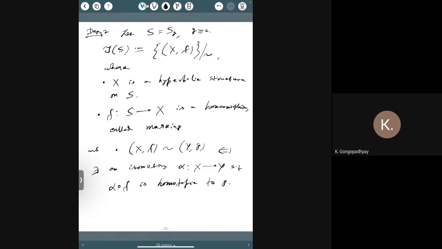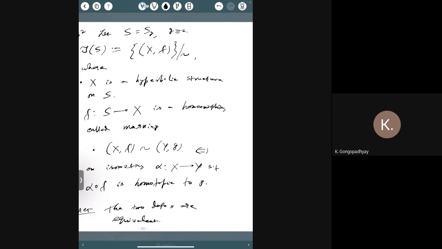Okay, so this is the second definition. Now these two definitions are equivalent. It's a fact that the two definitions are equivalent.